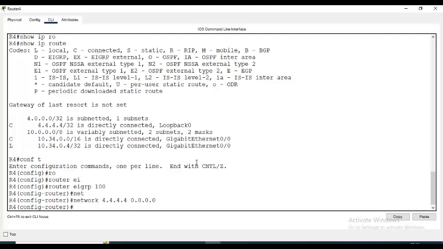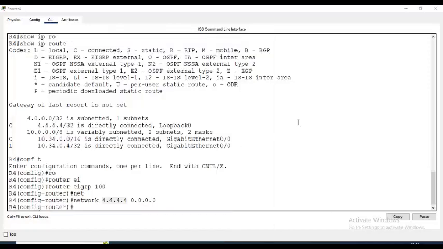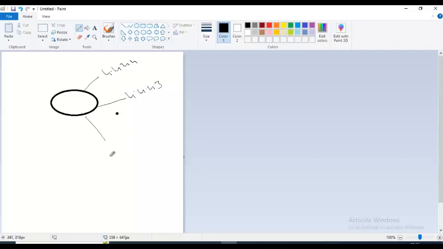What does this mean? This means that I want to run EIGRP only on the interface where the IP address is 4.4.4.4. I repeat, if you have one interface with 4.4.4.4, one interface with 4.4.4.3, another interface with 4.4.4.2, 4.4.4.1.